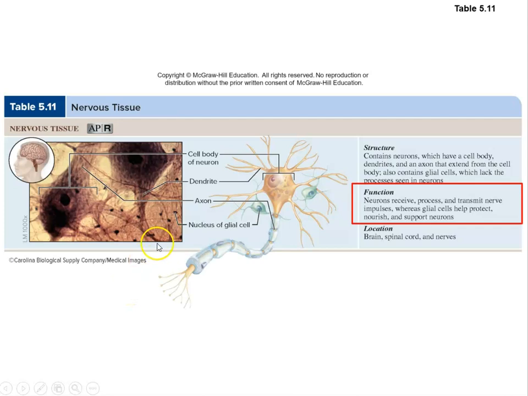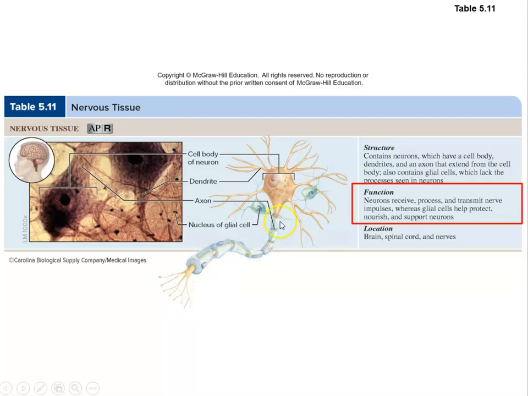Okay, so let's look at a neuron here. This region here is the cell body, so you can see it houses the nucleus and the organelles. Then you have these branching processes coming off of the cell body. These are the dendrites that receive incoming signals. Then you have this long myelinated region of the neuron. This is the axon, and it ends in nerve terminals here.